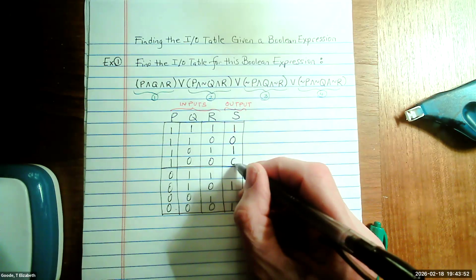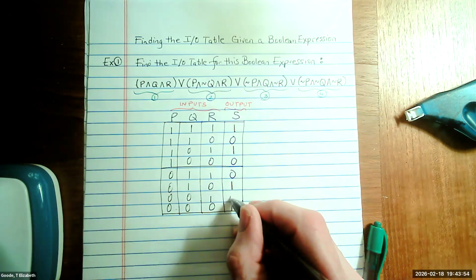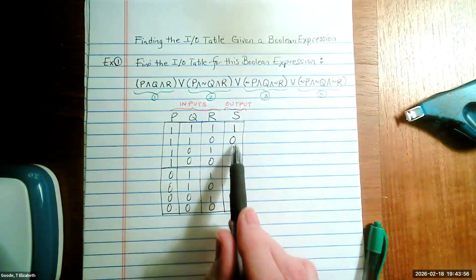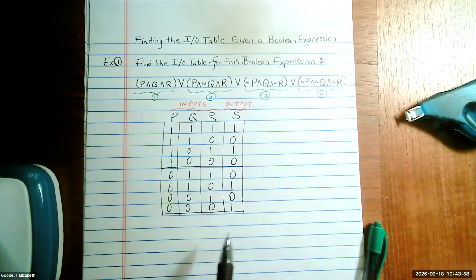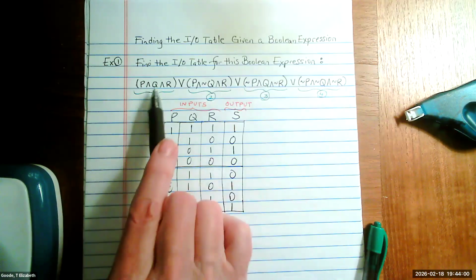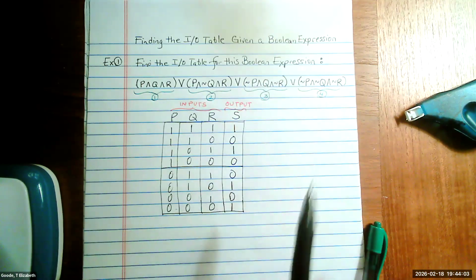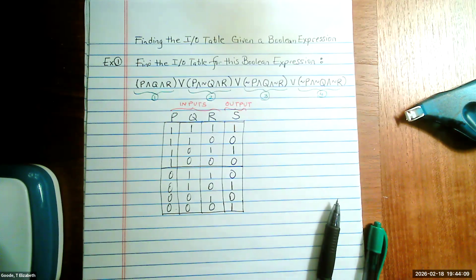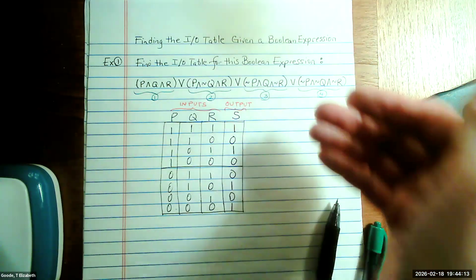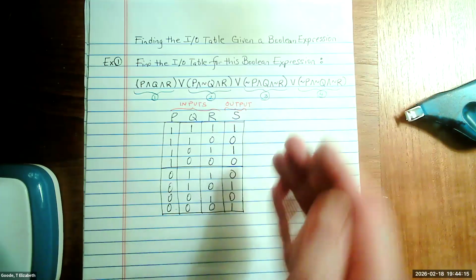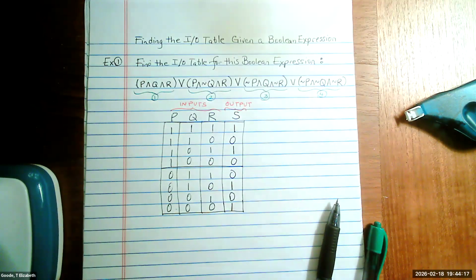Of course, 0 will be the value of S in the other rows because we don't want the circuit to light up unless one of these 4 input states is what is actually input into the circuit. Okay, so now we've played the game in this direction: go from the Boolean expression to the I/O table.